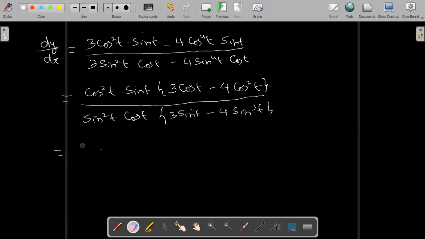So we get cos t in the numerator and sin t in the denominator.